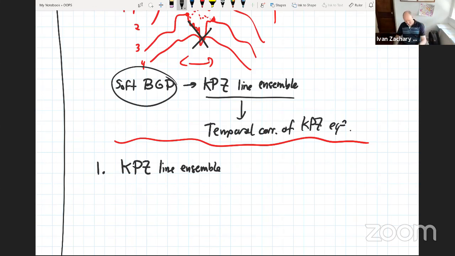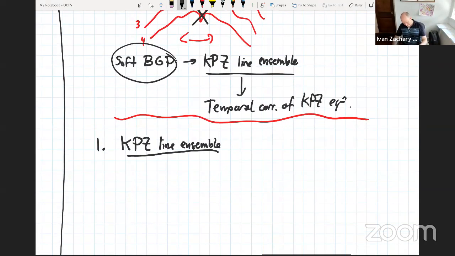It turns out that the KPZ line ensemble, which is somehow a progenitor, which in some limit should go to the Airy line ensemble, actually admits a description in terms of IID noise, in particular space-time white noise. This is like the fact that the KPZ fixed point and the KPZ equation, one is a function of white noise and the other is not. Those who've heard about this.